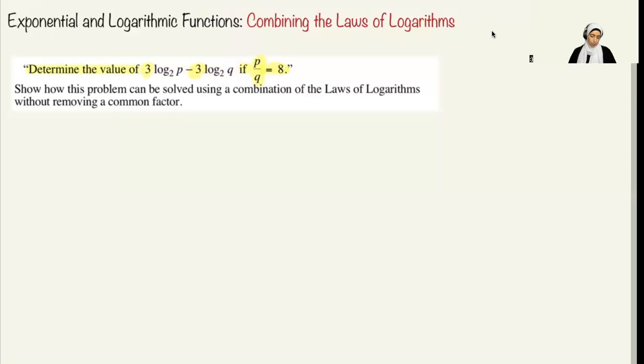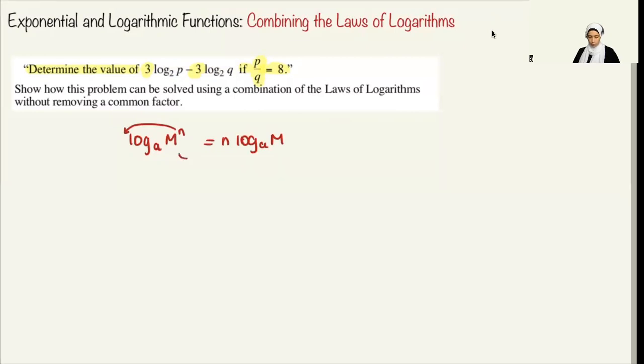Remember how we talked about the log law where I have log base a of m to the power of n. I could always bring this n downwards over here, and so I could write it as n log a of m, right? And so because we can write it like this, I can do the same as well.